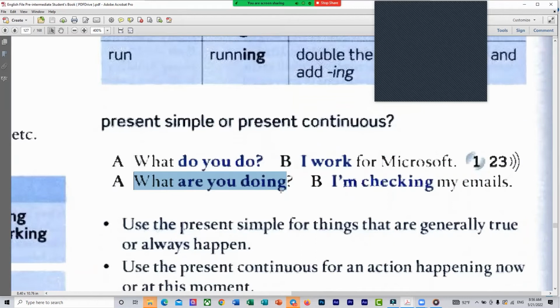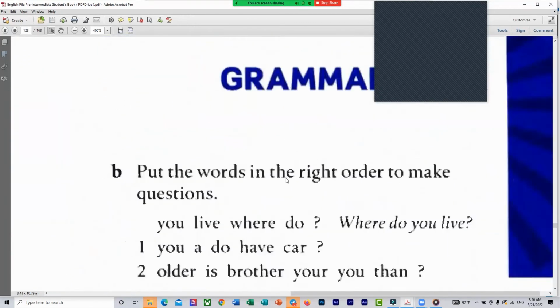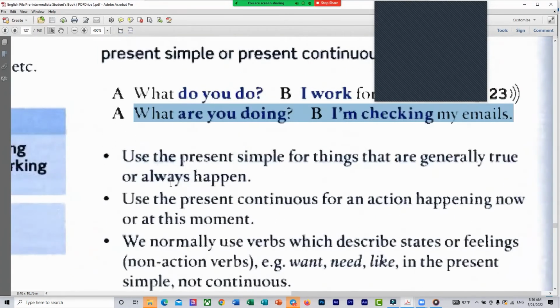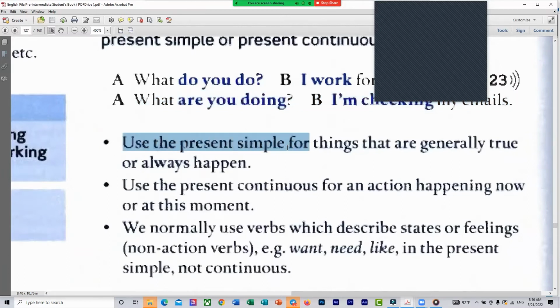And this one we use present continuous to ask about an activity that you see a person doing right now. So we ask in present continuous. All right. So look at this explanation, also look at the explanation here for detail. Use the present simple for things that are generally true or always happen.